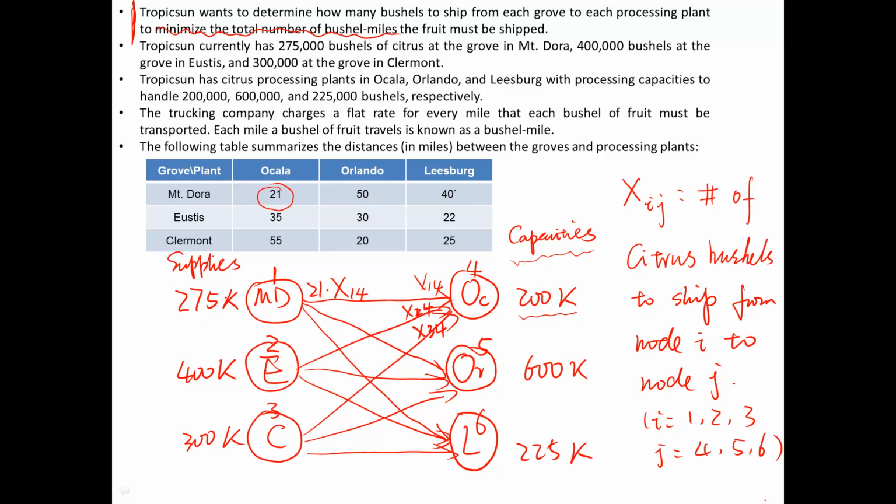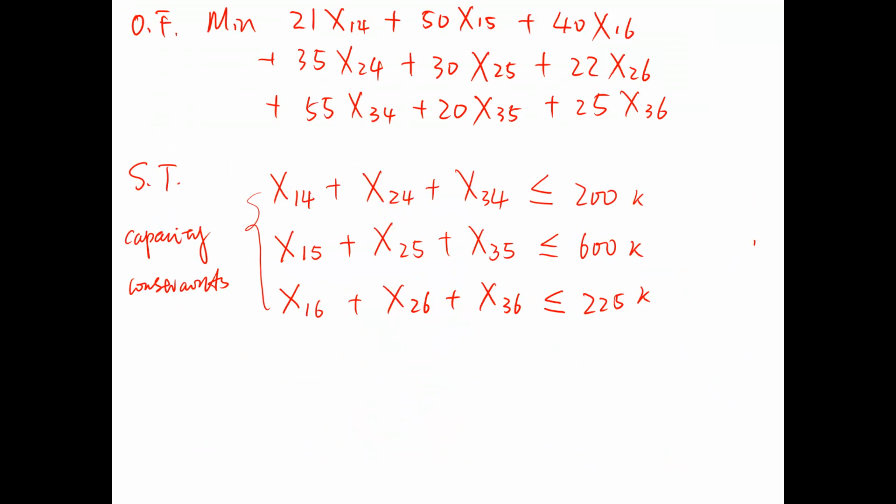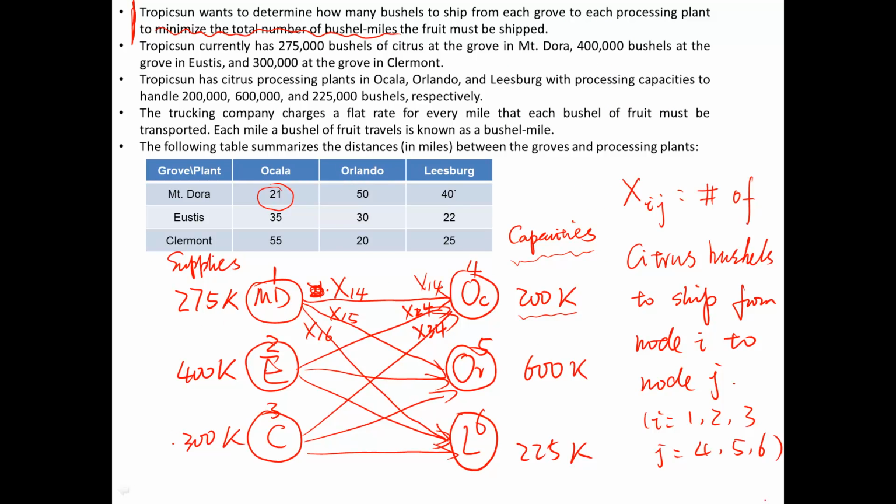Then we would write, okay, what we ship out would be X14, X15, and X16. So these all 3 together represent what we ship out from Mondora. So let's write this. X14 plus X15 plus X16 should be less than or equal to the supply there, 275.